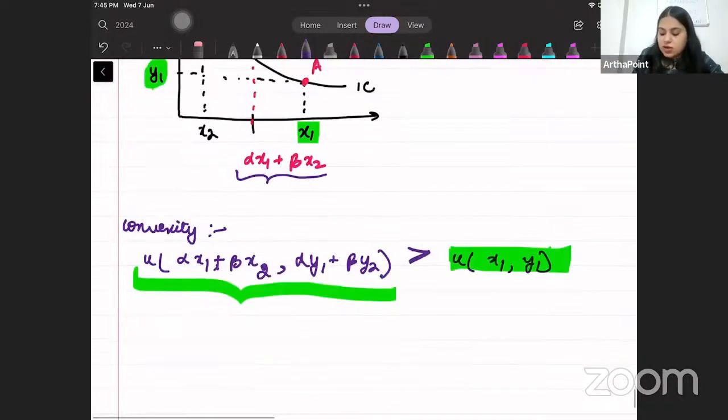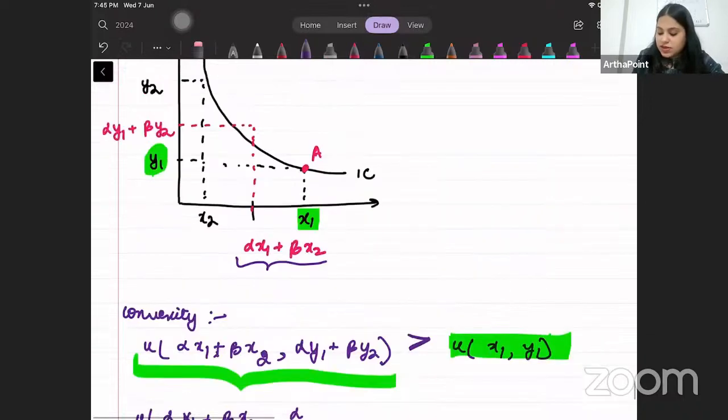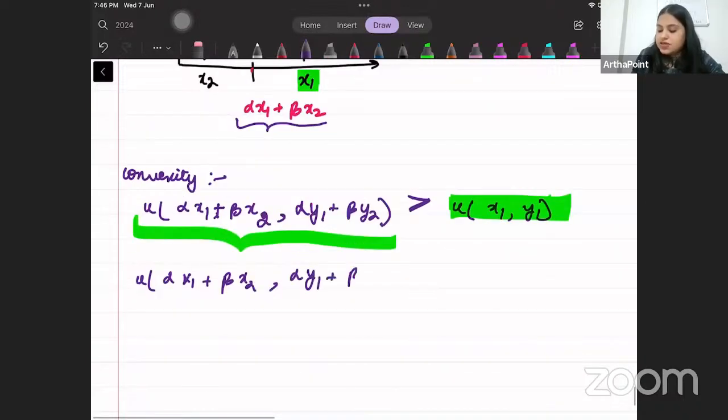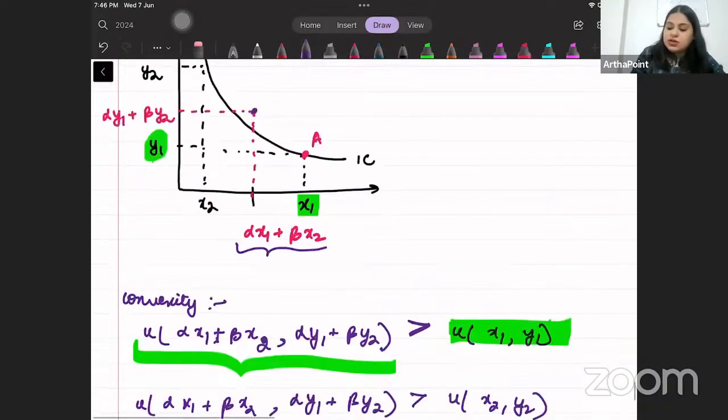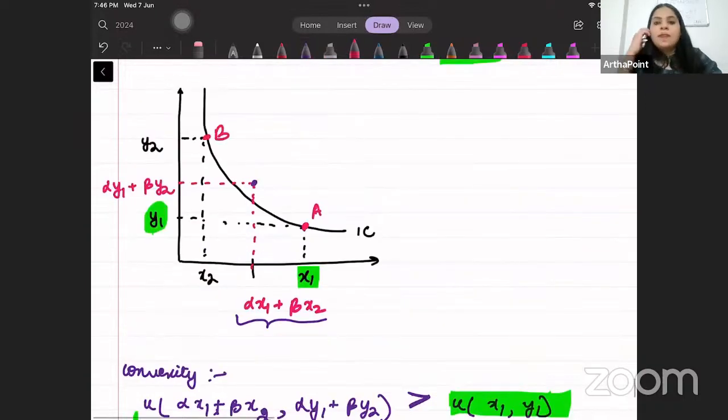You can write this down: u of alpha x1 plus beta x2, comma, alpha y1 plus beta y2, should be greater than u of x2, comma, y2, this extreme bundle B. This is what convexity means. That's the first definition of convexity.